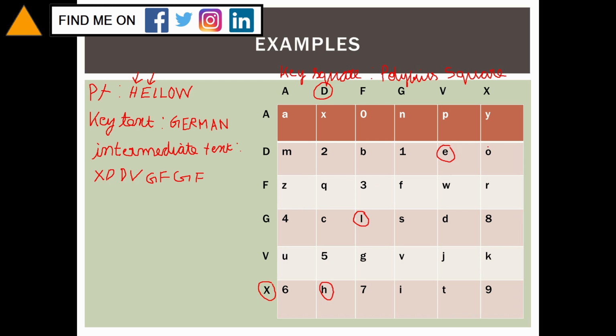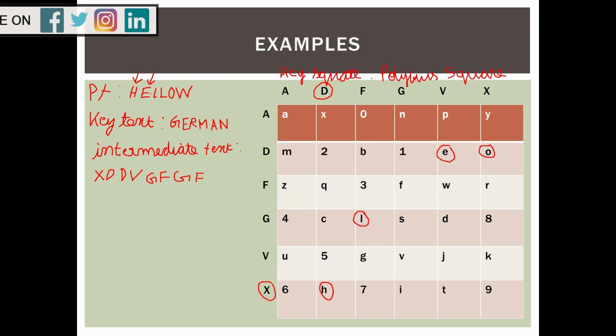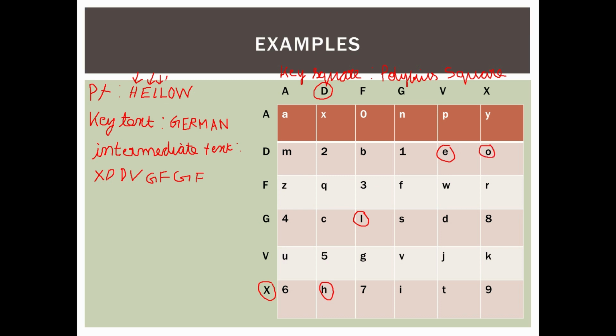Then we have O as the next character, and corresponding to O we have D and X. And finally we have W. W is here, and we have got F and V. Okay, so this is the intermediate text.